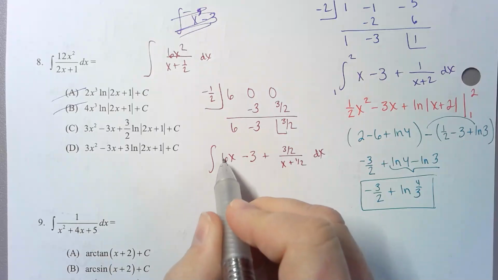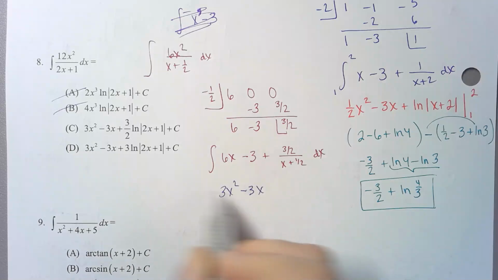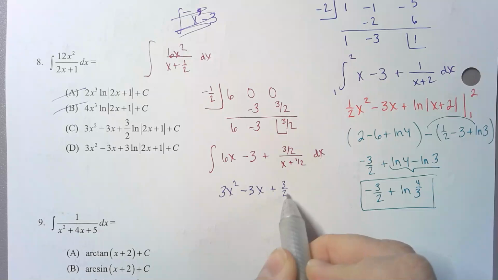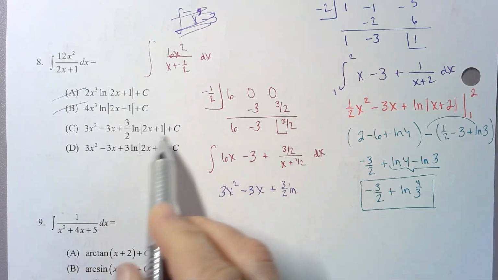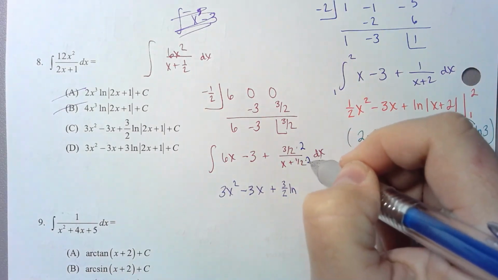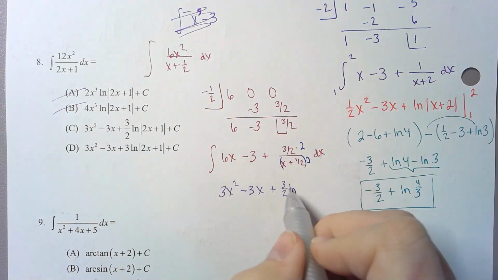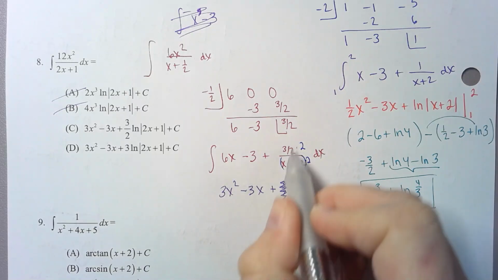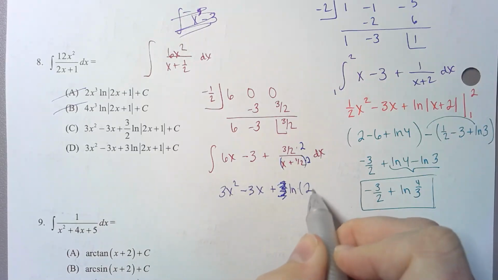So 6x squared, so 3x squared, a minus 3x, plus 3/2 times the natural log. I don't love this because it's not going to match. Easy fix: multiply the top and the bottom by 2 before you take the antiderivative, and that'll fix it for you. So now you're just going to have a 3 natural log of 2x plus 1.